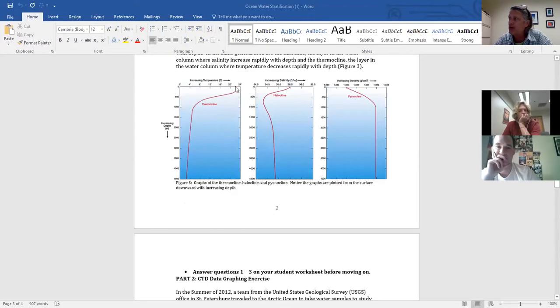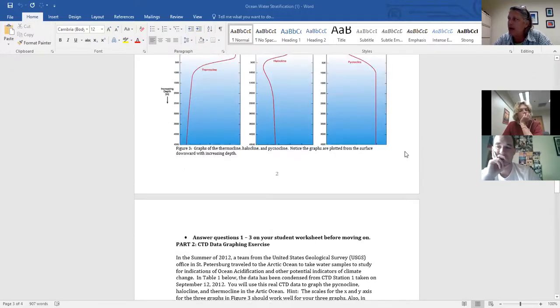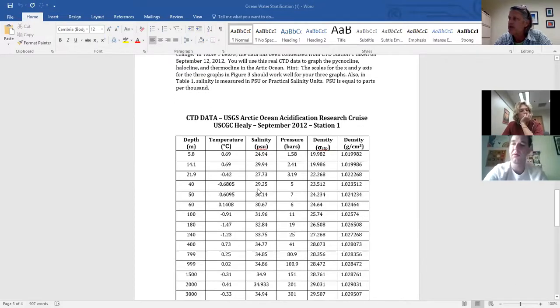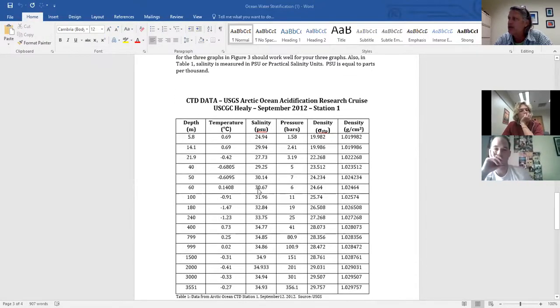It's going to be mighty bunched up top because they're going to be pretty close, and then you'll have the points a little more spread out as you look at the depth. So you're going to do that with density, which I charted for you, salinity, and temperature. Make note of the ranges, and then do your curve.